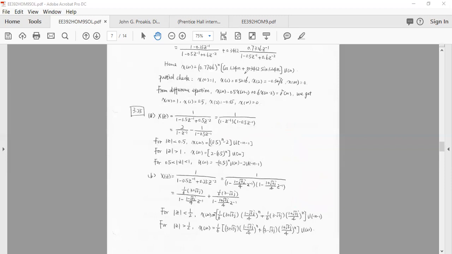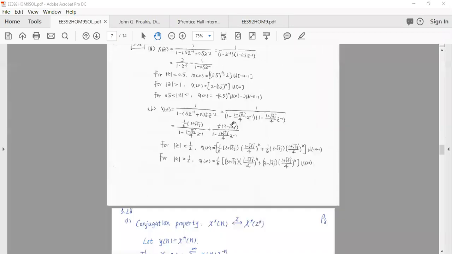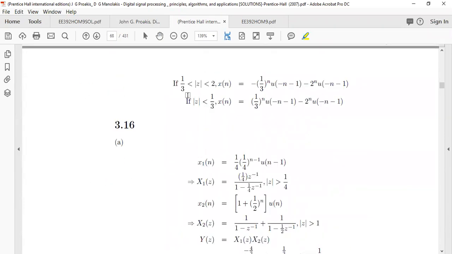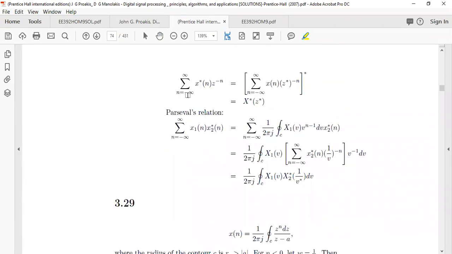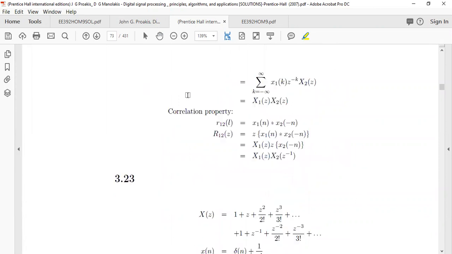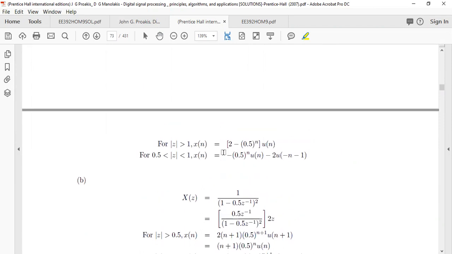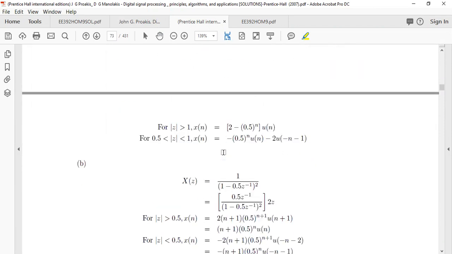And again, like I said, you have to determine the region of convergence, and based on that you can find the causal and the anti-causal signal, right? If you go back to your textbook, the solution given for that question 3.25 is there.